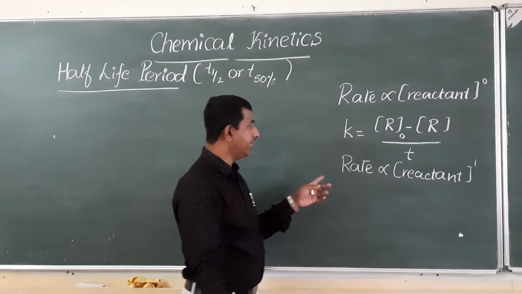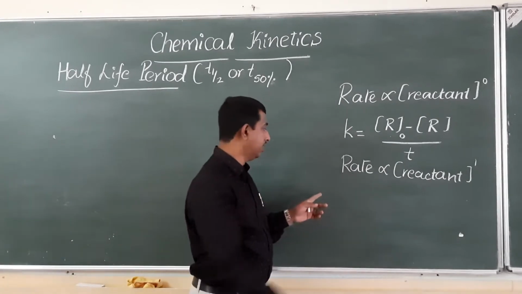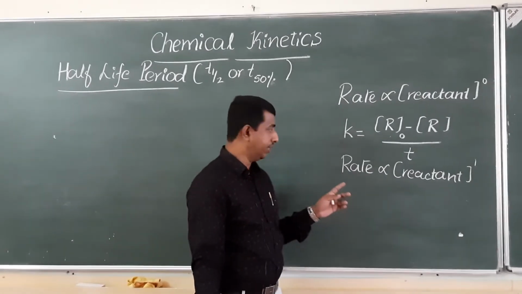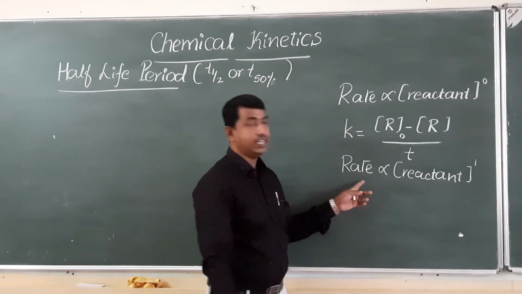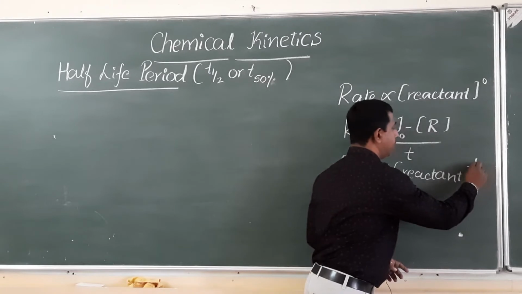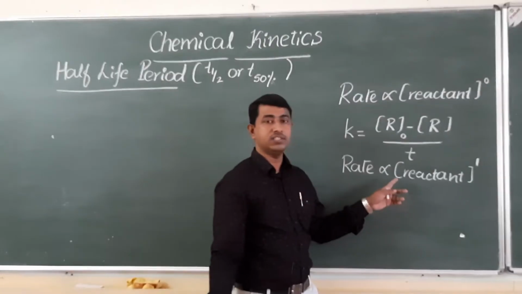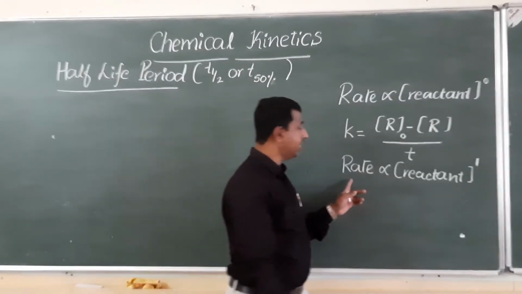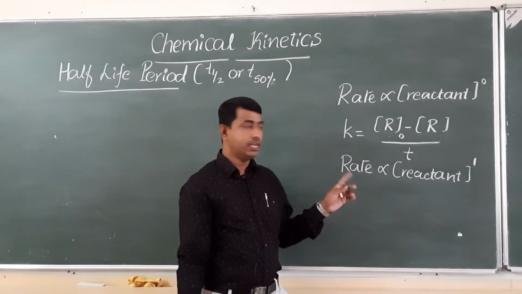So a first order reaction can be defined as a chemical reaction in which the reaction rate is directly proportional to the first power of the concentration of the reactant. Such a reaction is called a first order reaction.